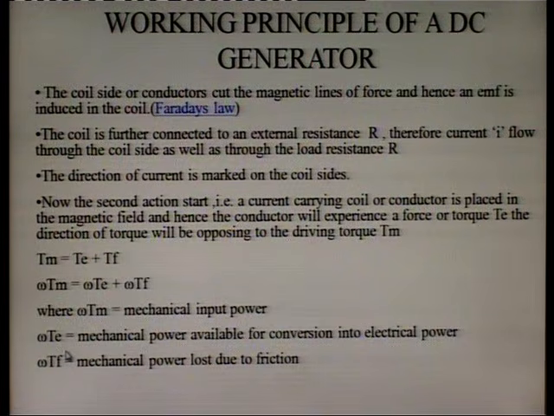Omega Te is the mechanical power available for the conversion into electrical power. Omega Tf is the mechanical power lost due to friction.